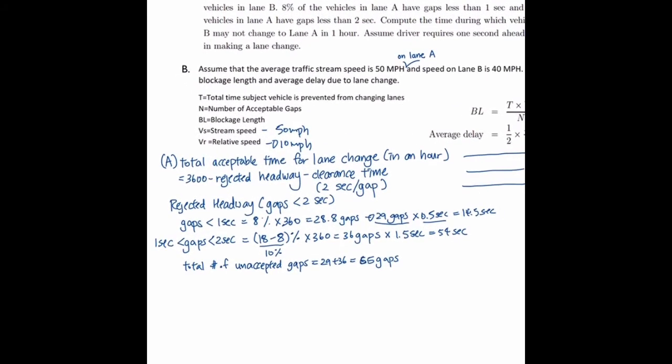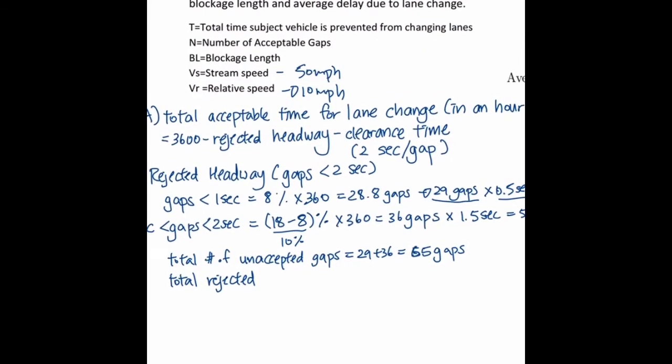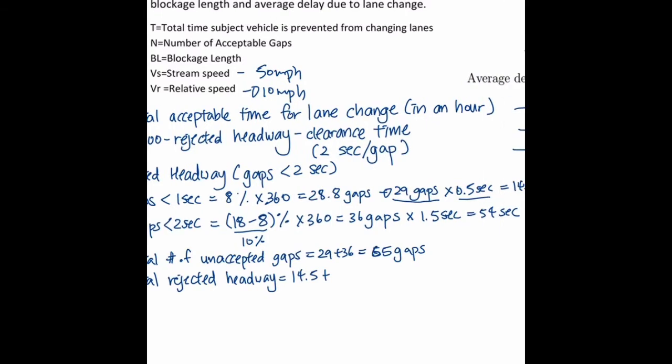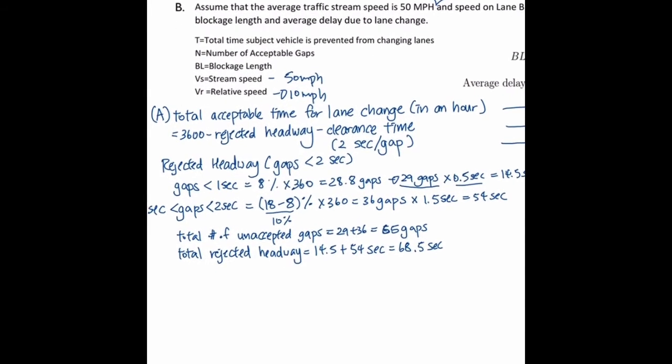So total rejected headway equals 14.5 plus 54 seconds, which is 68.5 seconds.